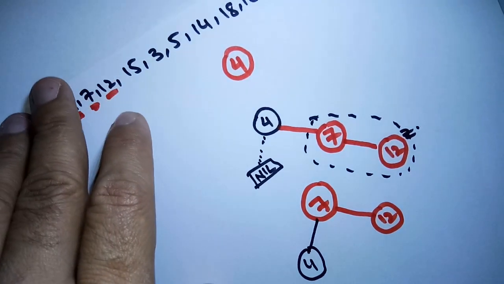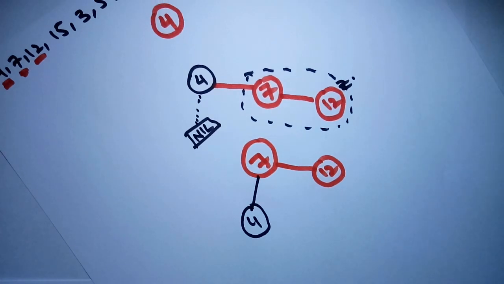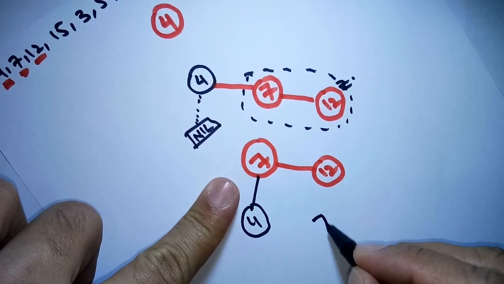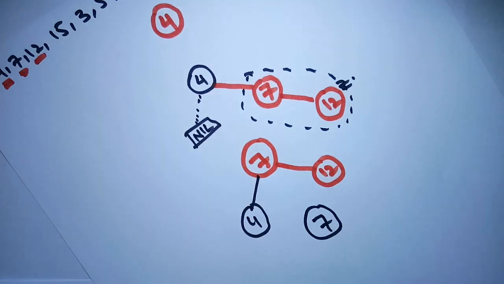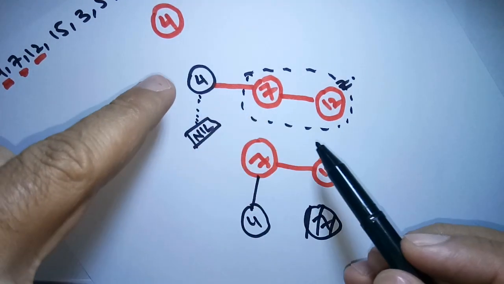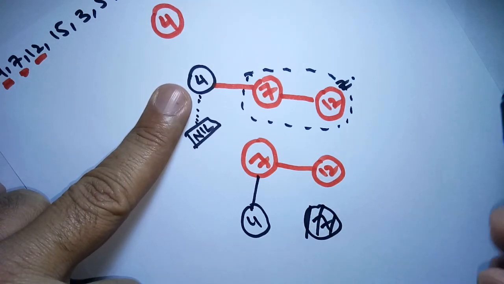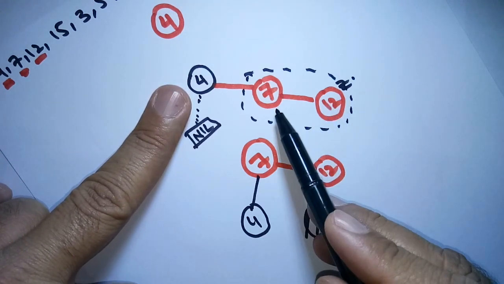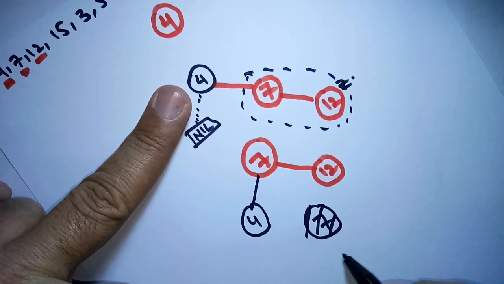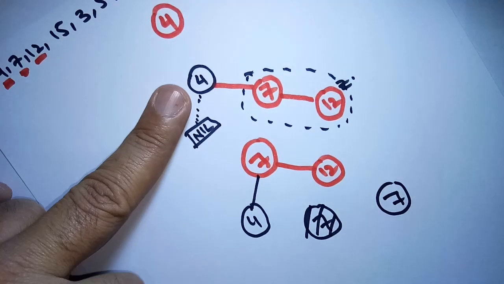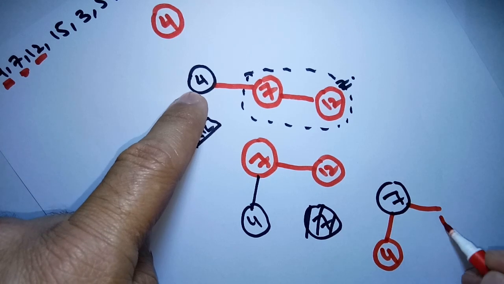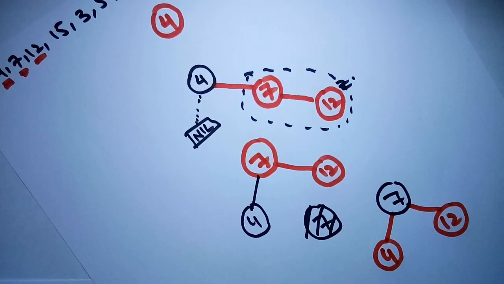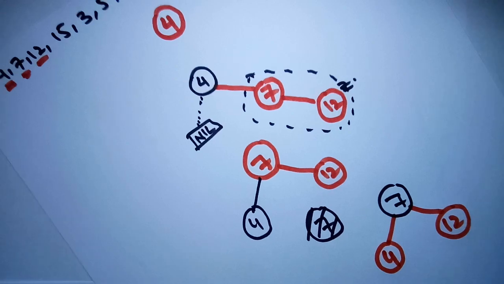The parent is 7, so 7 will become black, and the grandparent is 4, that will become red, and 12 is already red. So now you will see this fulfills the property of the red black tree.